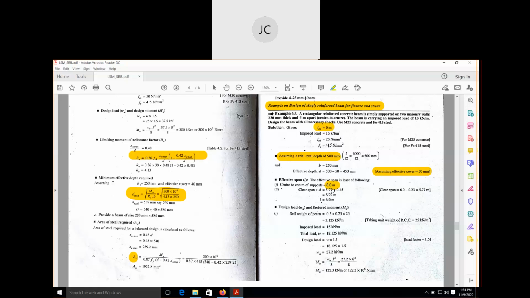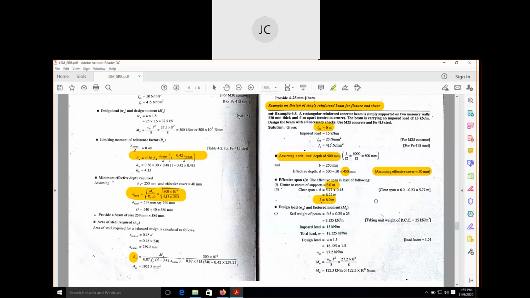The clear span will be 5.77, because you can see here 6 minus 0.23, and we got 0.23 because the width of the support is given as 230. If you deduct this value from the effective span, you get the clear span. So clear span plus effective depth of 0.45 gives 6.22. Now compare the two values, 6 meter and 6.22. Between these two, 6 meter is the smaller one, so our effective span will be 6 meter.